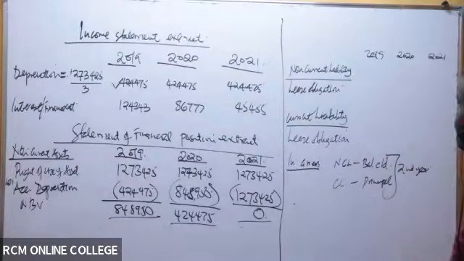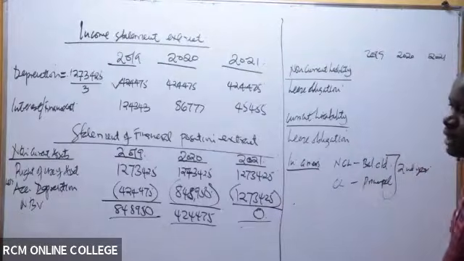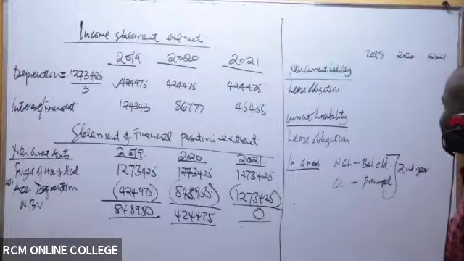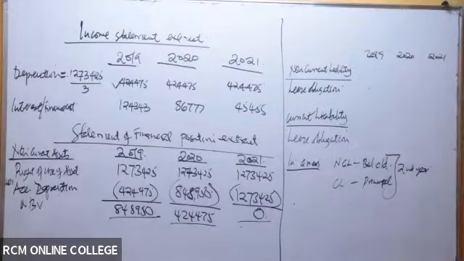So from the amortization schedule for 2019, what will we be able to recognize as the lease obligation as a non-current liability? What will you be able to recognize as the lease obligation for the year 2019?